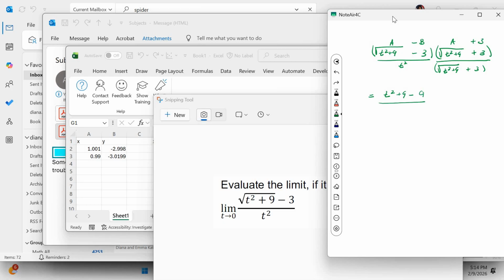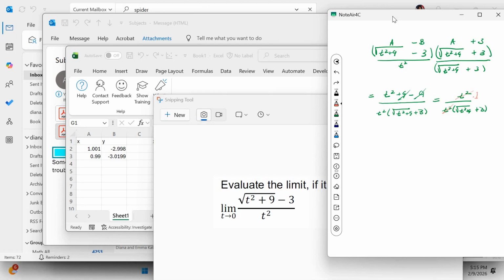And the bottom has the, just keep it together. Don't distribute in. So the 9's cancel, and I'm left with t squared over t squared times square root of t squared plus 9 plus 3. And then these guys cancel.